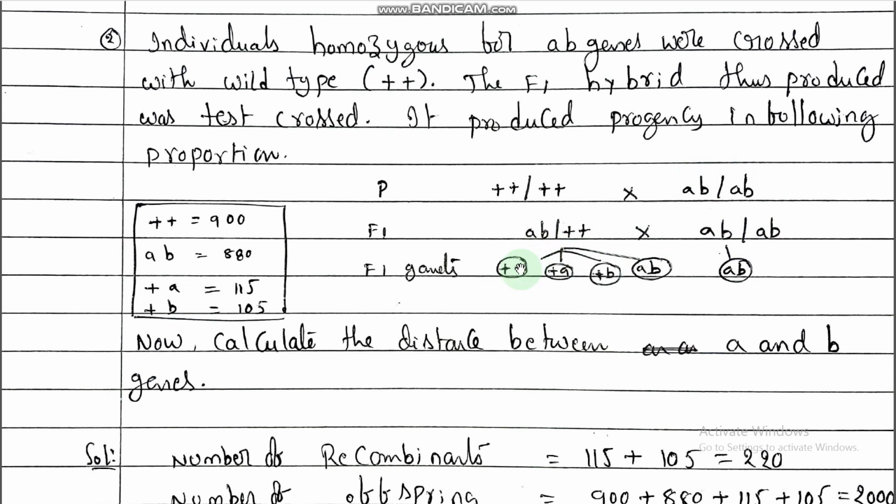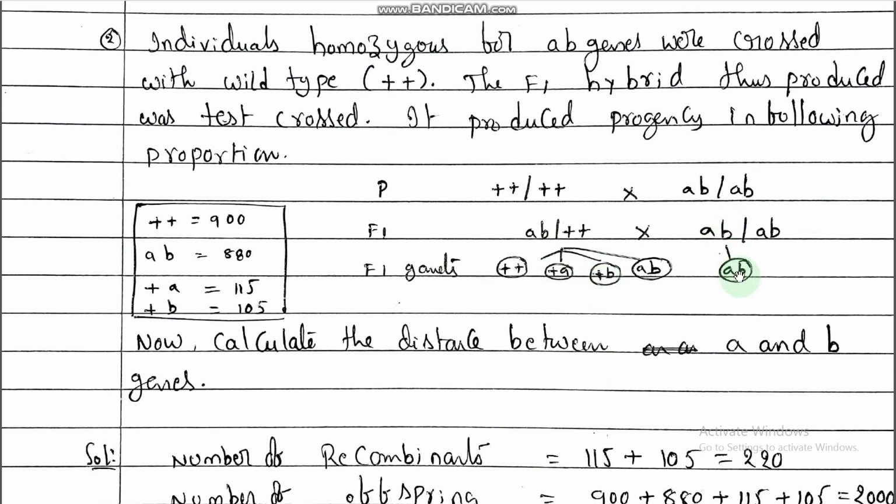So what are the gametes from F1? F1 gametes are what? Plus plus is one gamete, ab is one gamete. And what extra gametes are formed here? Plus a and plus b. These are recombinant gametes also formed. Recombinant formation takes place, right?